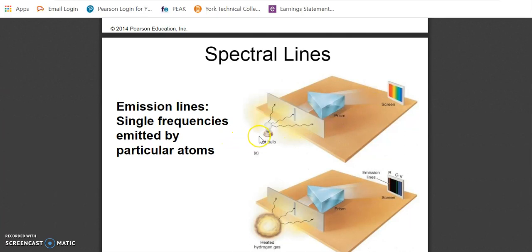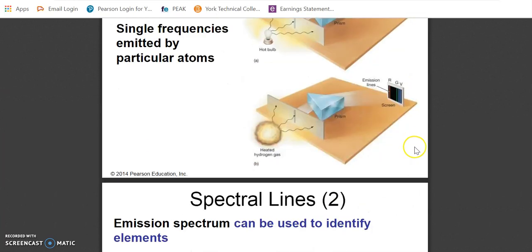For example, if you have an incandescent bulb, a light bulb that is just hot and emitting light, it will produce all the colors of the spectrum, like all the colors of the rainbow, the visible spectrum I should say. That is called a continuous spectrum. That's important.